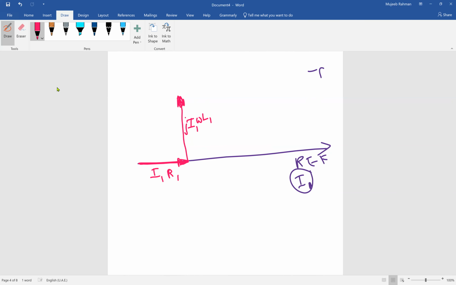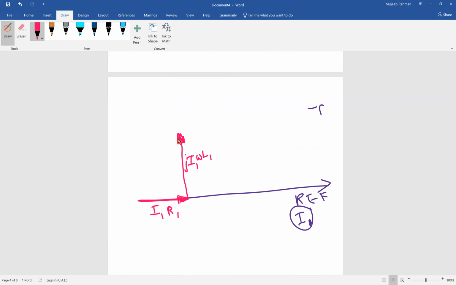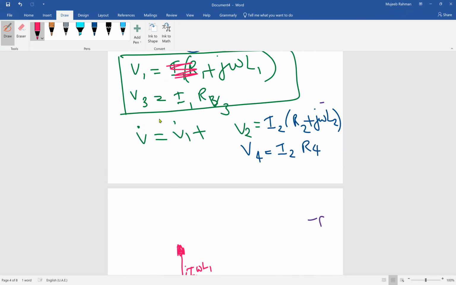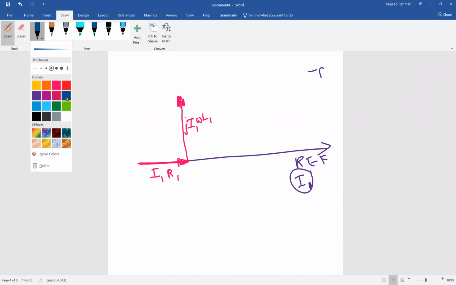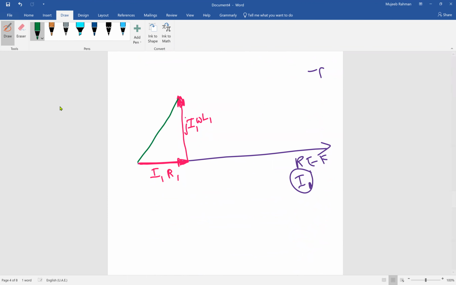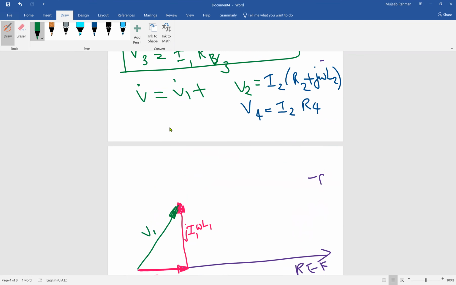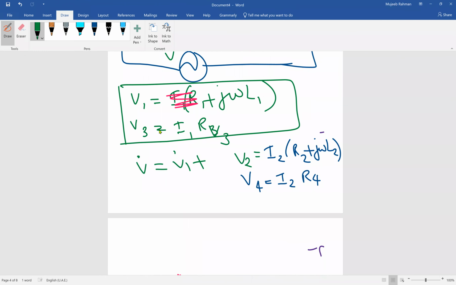Now I1 R1 vectorially added to j I1 omega L1 is going to give us V1. So I'm going to mark this as V1. First part done, V1 is already ready.